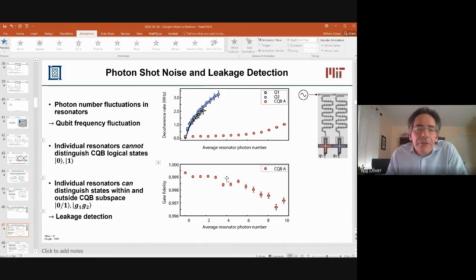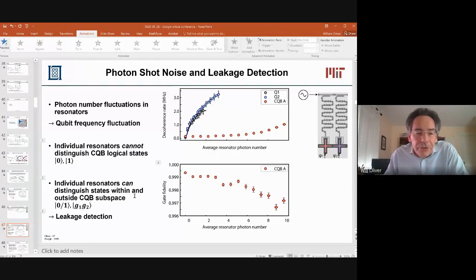But what this means is that while we're at the avoided crossing, these resonators, although they can't distinguish 0 and 1, they can distinguish the ground state, G, the true ground state, or both excited states as well, GG or EE. And so these resonators can be used to measure whether the qubit has leaked.